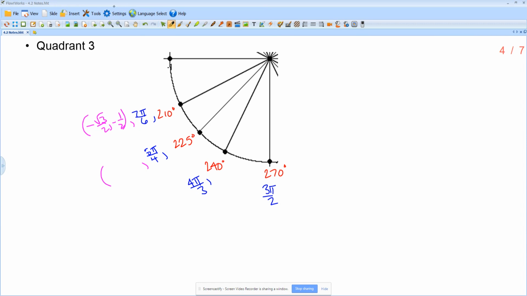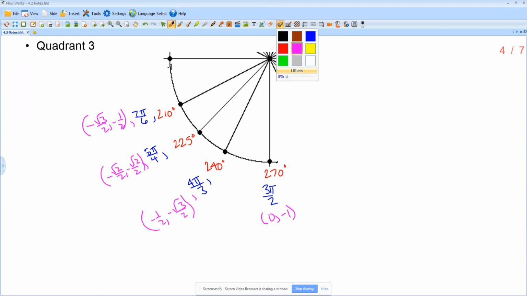Here, again, bringing that next coordinate down, I have negative root 2 over 2, comma, negative root 2 over 2. Here I have negative 1/2, comma, negative root 3 over 2. And again, up here I had 0, 1, which is now going to become 0, negative 1. So these are all things that you have to memorize, or you can try and come up very, very quickly with how the first quadrant is going to relate to them.